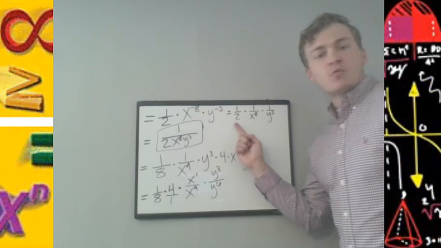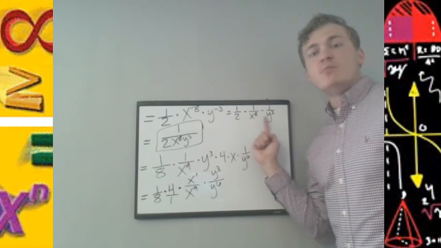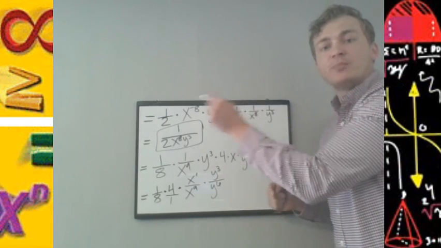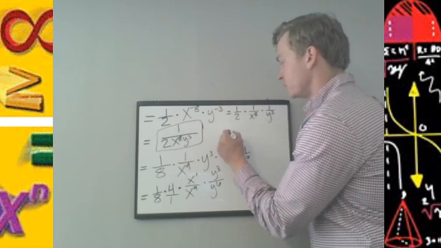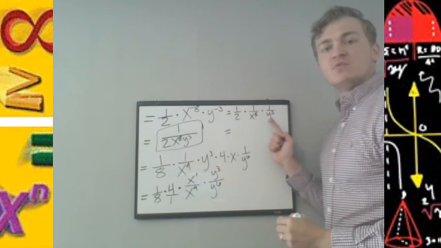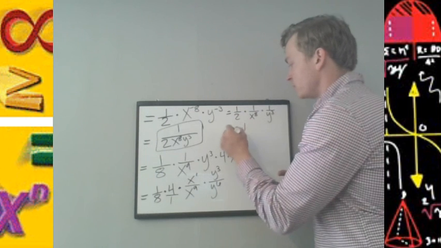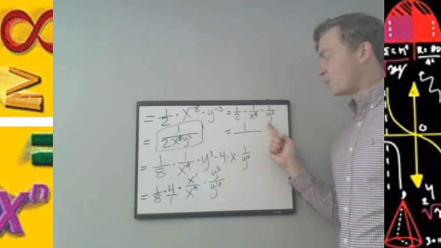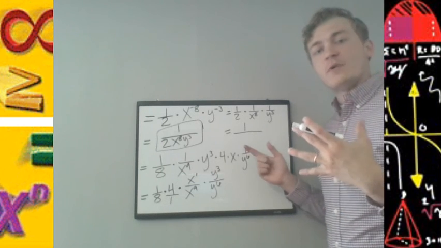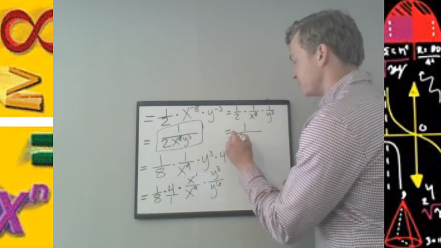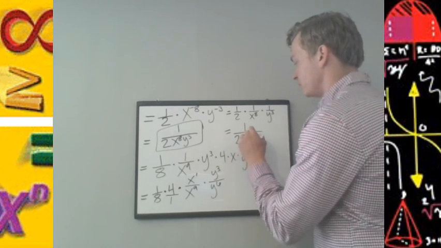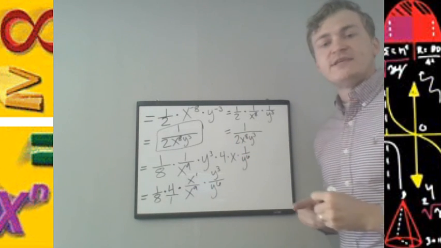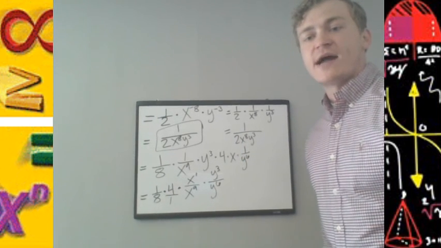Now what happens? We're multiplying 3 fractions. When you multiply fractions, multiply together the numerators. 1 times 1 times 1 is just 1. 2 times x to the 8th times y cubed, they cannot simplify, so we will just write them as the factors. And we see we have our fully simplified rational expression.